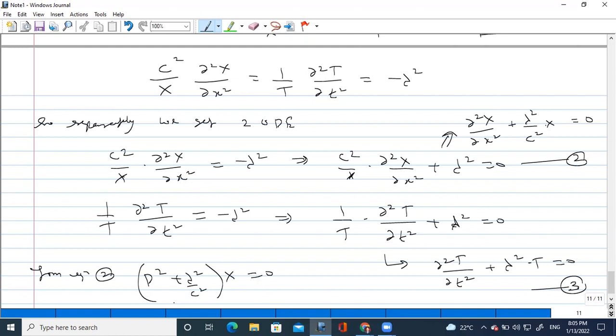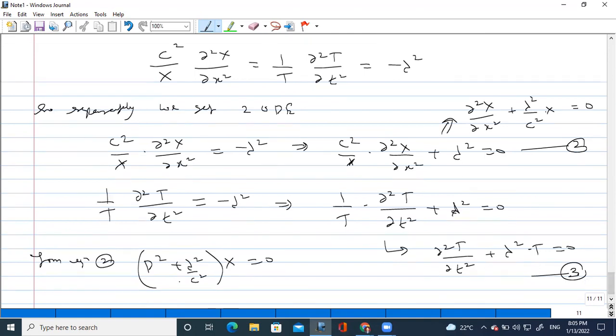So this is my ODE, and I will get the auxiliary equation. Here the auxiliary equation is D square equals minus lambda square by c square. So D will be plus minus i lambda by c. You can say that this is 0 plus i lambda by c. So these are the two roots.